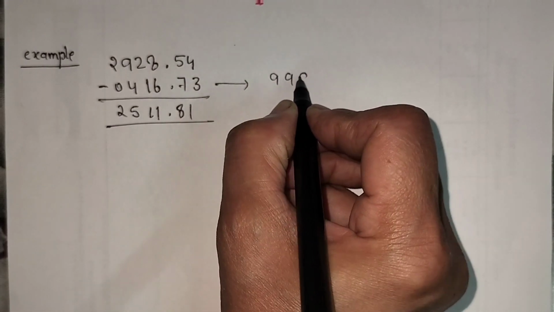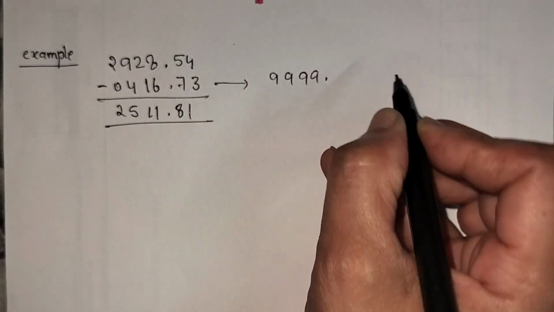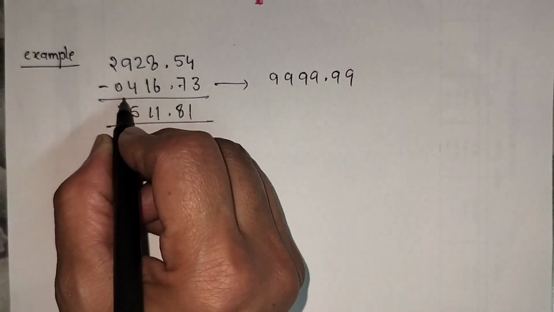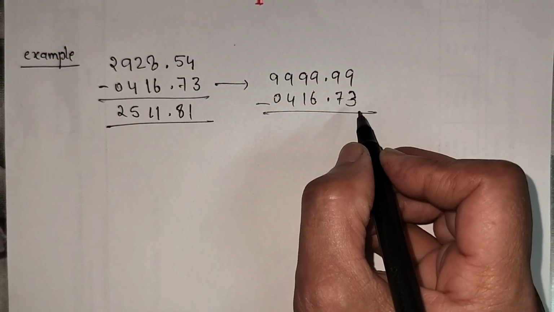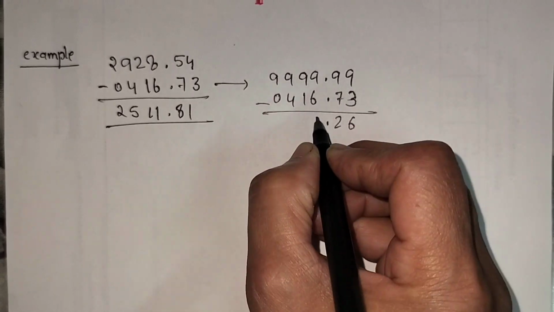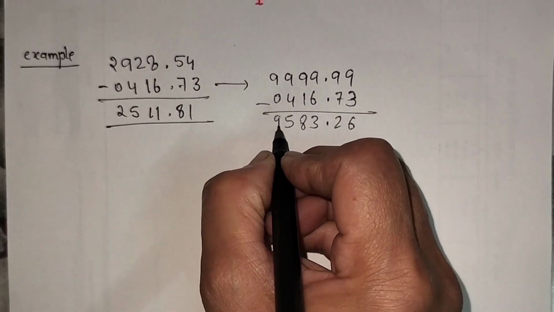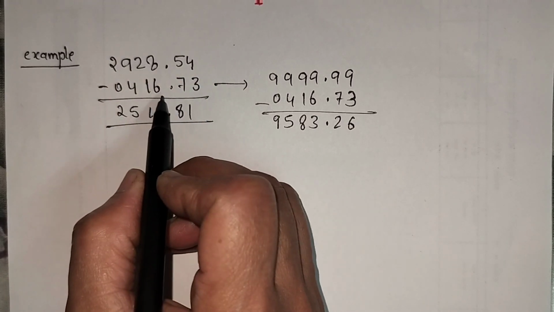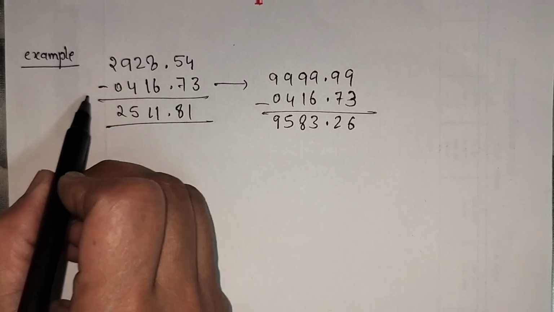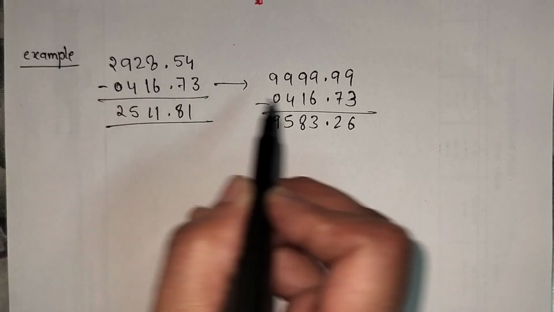So we will subtract every digit from the 9. Here notice that the number of digits of the minuend and the subtrahend should be same. So we are considering this 0 also.